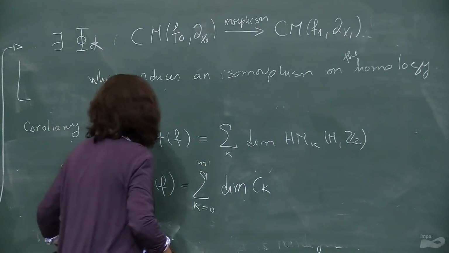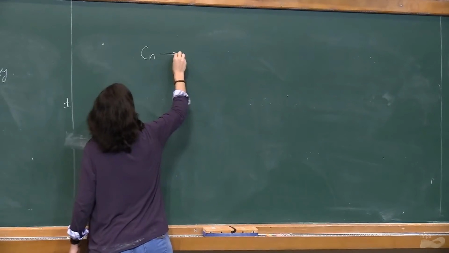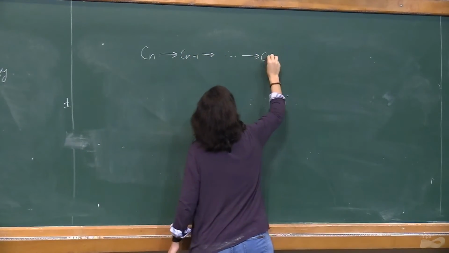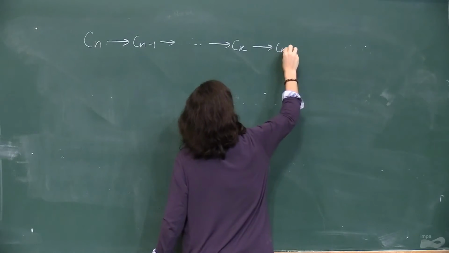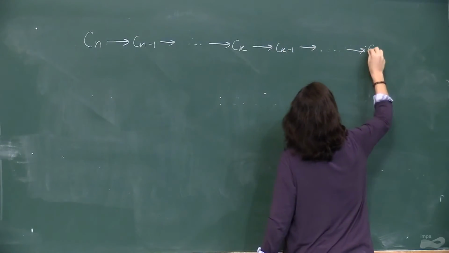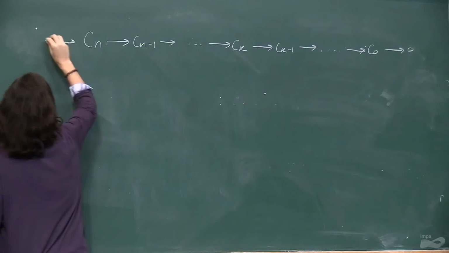Let me draw the complex actually. So Cn minus 1, Ck minus 1, C0, 0, 0.